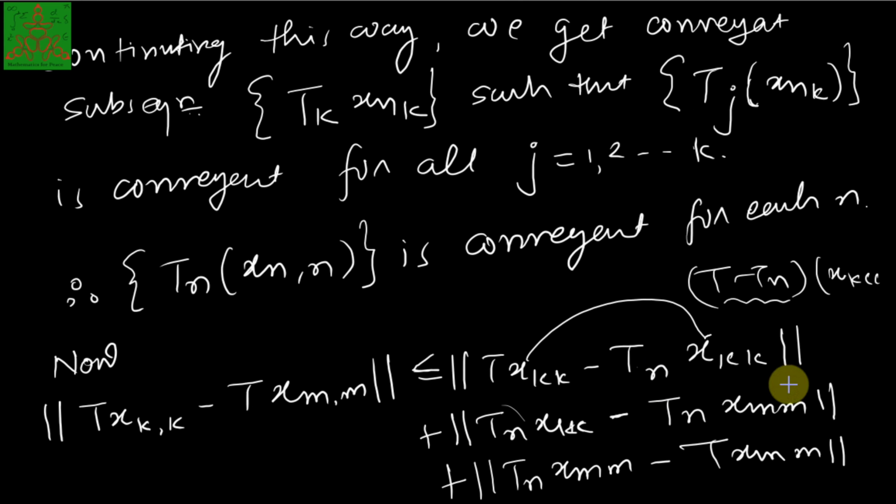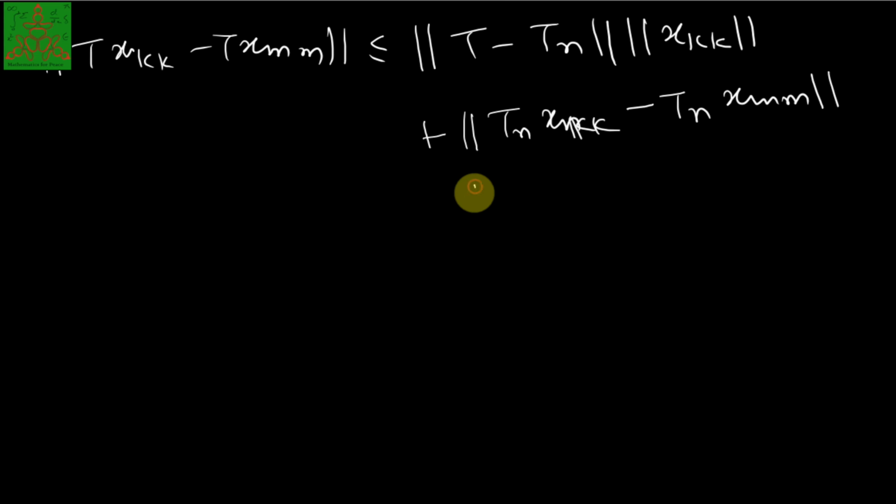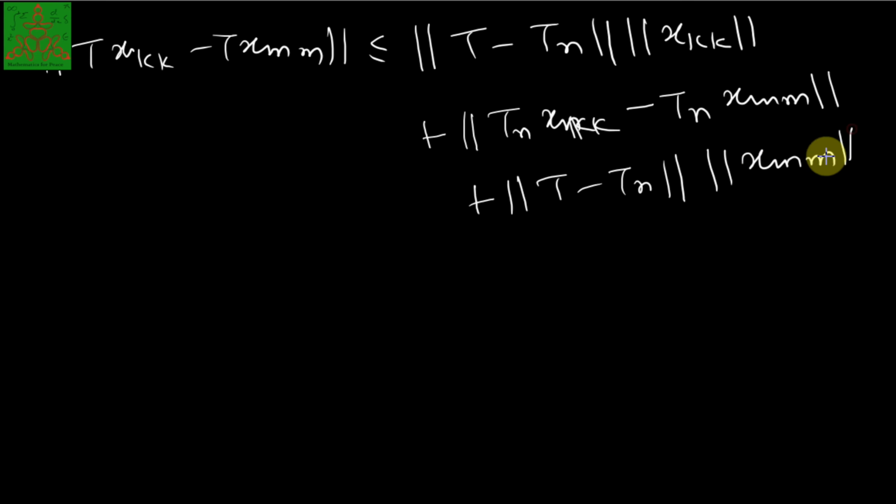You have here the second term. In the last term also applying the same situation. So that is plus the norm of T minus Tn times the norm of x_{mm}. This quantity is less than alpha. This quantity is also less than alpha.